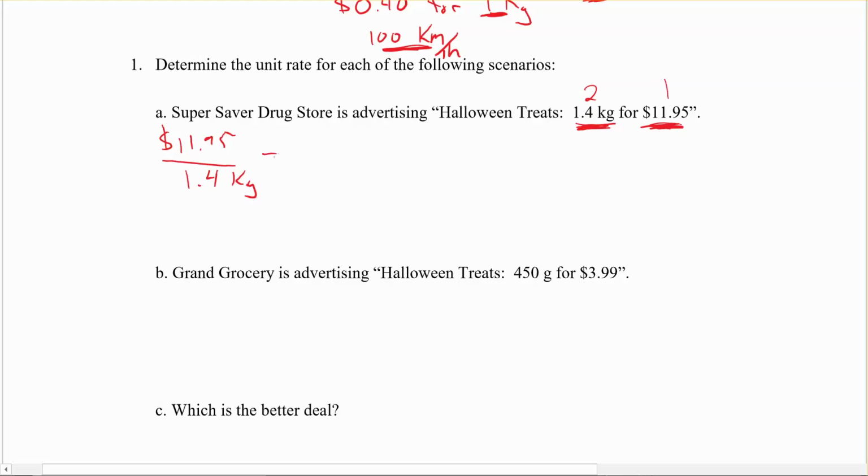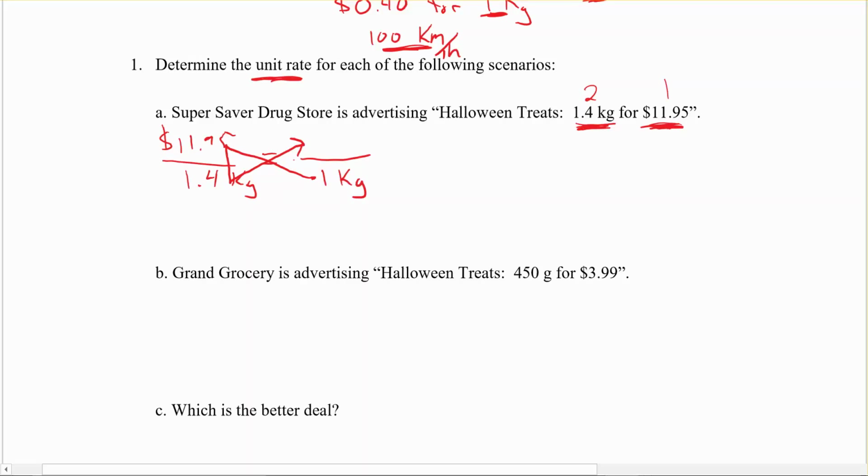What I'm going to do is say, well, that's going to be equal to something over 1 kilogram, because in the unit rate I want the second one to be 1, right? So all we have to do here now is you can actually just cross multiply. So it would just be 1 kilogram times that, divided by this, gives us that.